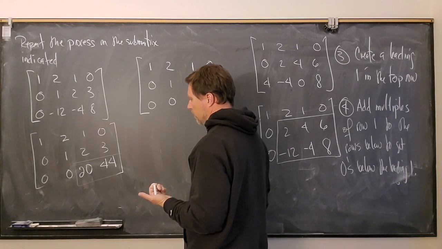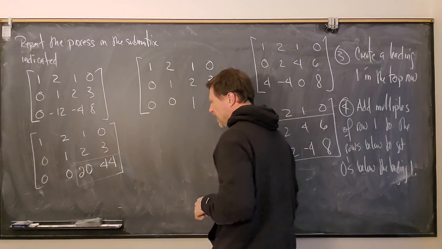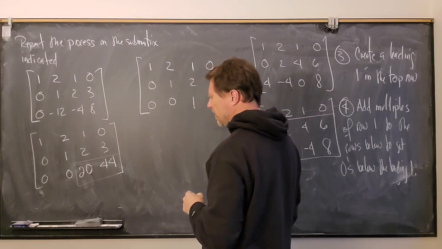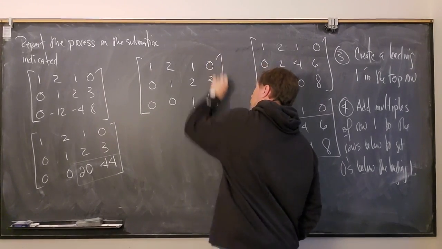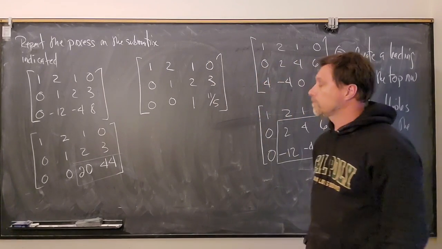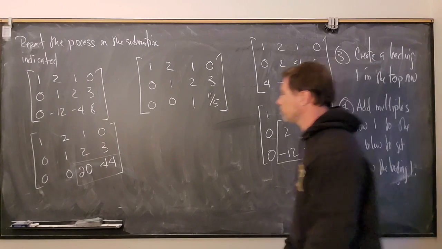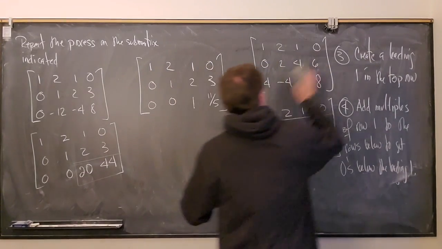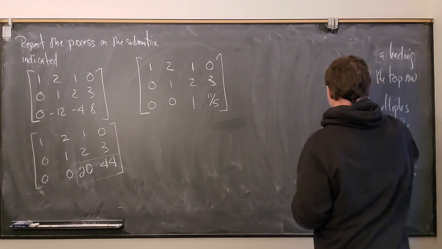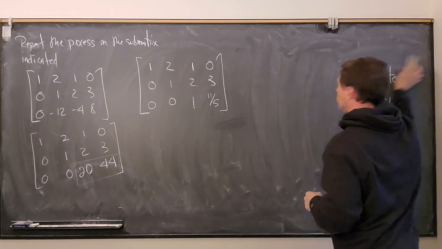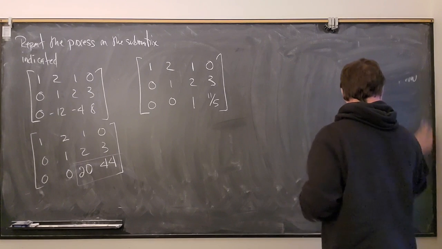So that's going to give me a 1 here, and 44 over 20 is 11/5. Notice, if you look at this matrix, we're in row echelon form.